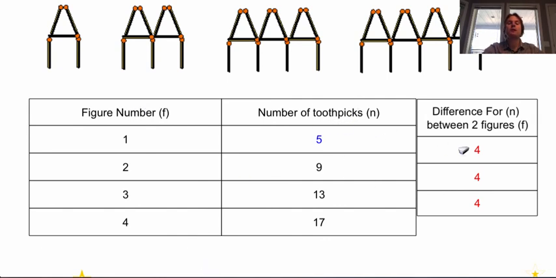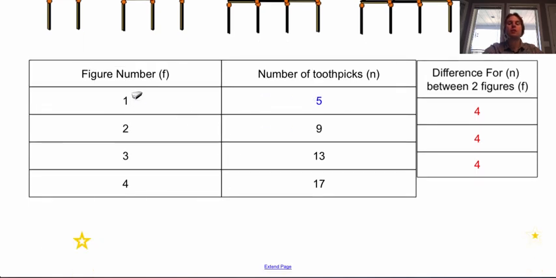But we're short because 4 times 1 is 4, but we want to get 5. So 5 subtract 4 multiplied by 1 is 1. Let's try that. So if I went 1 times 4 is 4, plus 1 is 5. 2 times 4 is 8, plus 1 is 9. 3 times 4 is 12, plus 1 is 13.